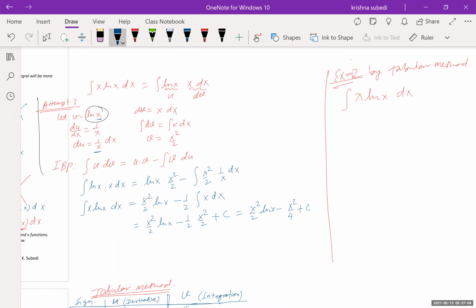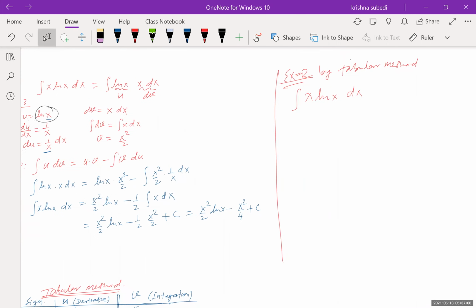So you already know which one is u and which one is v, because this one is your algebraic and this is your logarithmic in the LIATE rule. We already discussed that. L comes first, so we make a table.